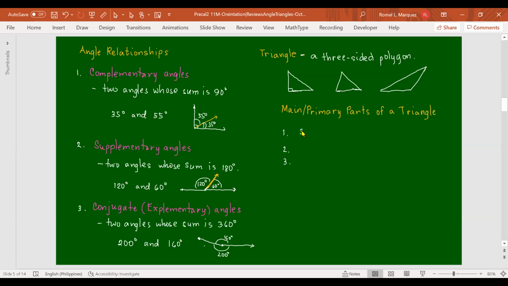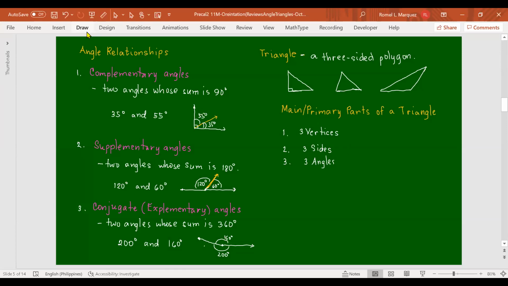Hypotenuse is a side. So three vertices. If you connect any two vertices, you will form a side. There are three sides that you can form, or edges. And if you have two edges in between, you will form what we call angles. Three angles are formed, because there are three possible combinations that you can have for the sides. So these are the primary parts.